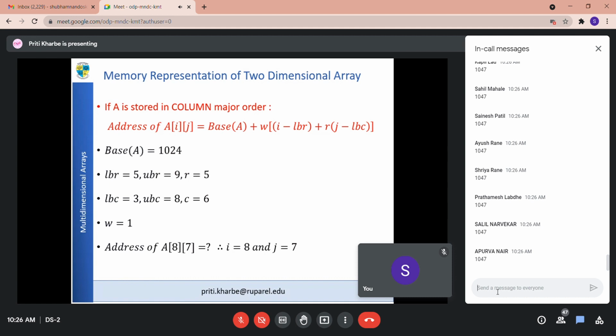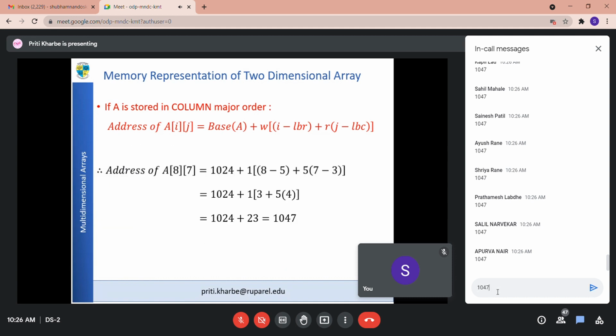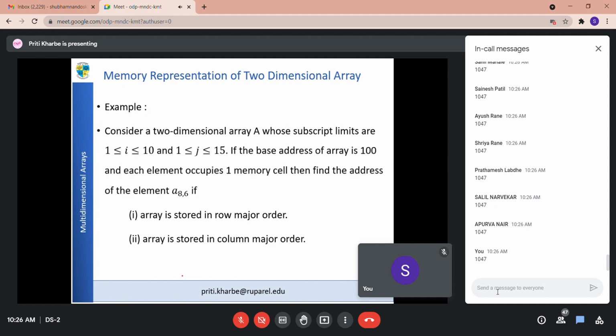Yes, correct answer. Good. 1047 is the right answer. This is the calculation. Those who are not getting the answer, please check your calculations. Next example. You read the question and now you only will decide what the values are. Give me the answer for the first and second part.